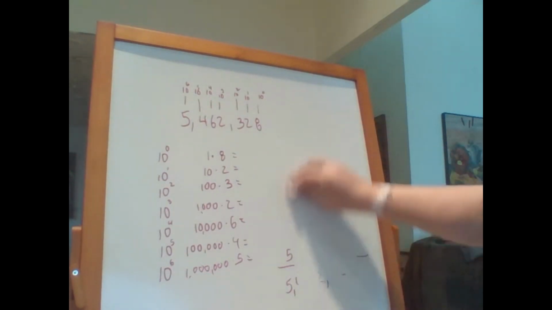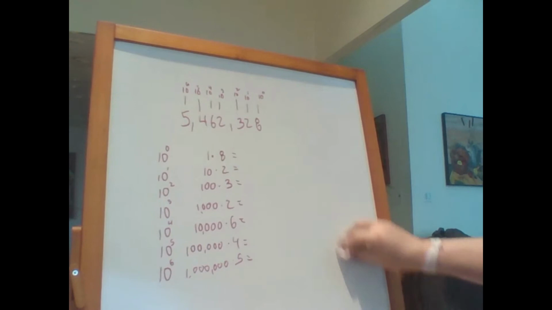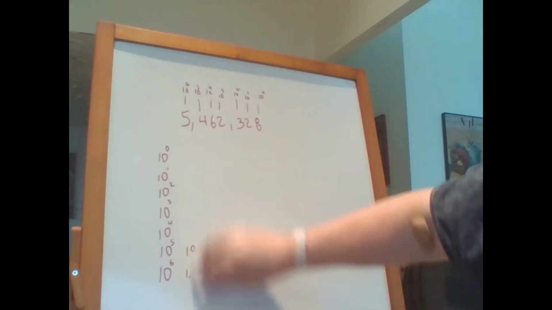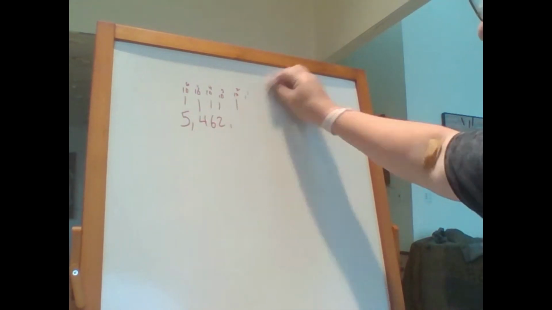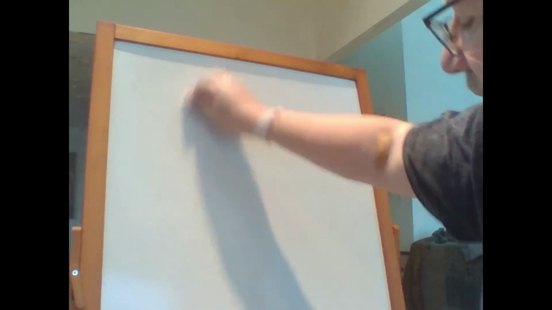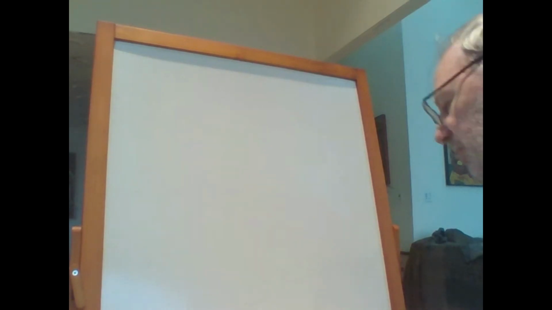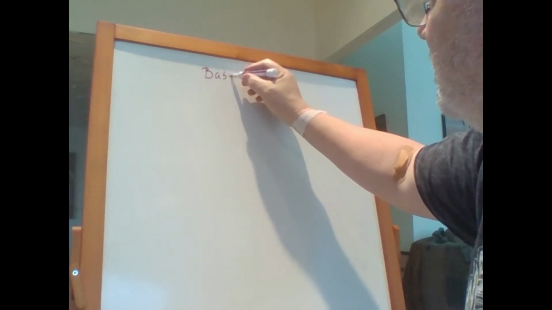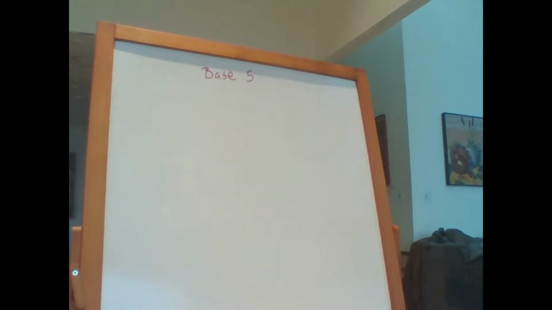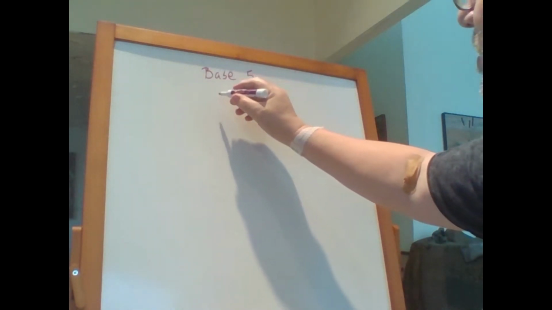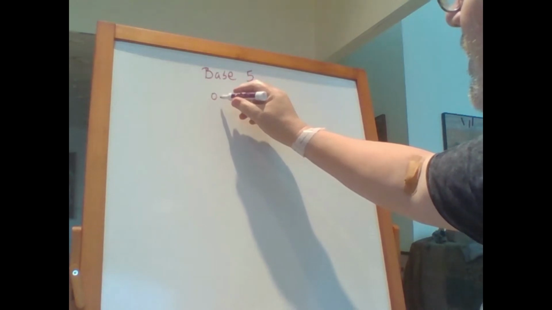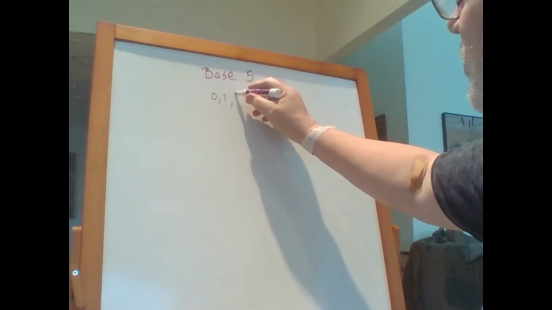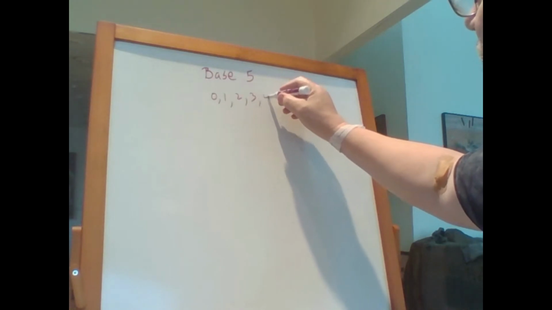If you then, let's say, I've got a number in base 5. Okay, so first off, when we write a number in base 5, we have to realize that our placeholders for base 5 that are permissible are 0, 1, 2, 3, and 4.